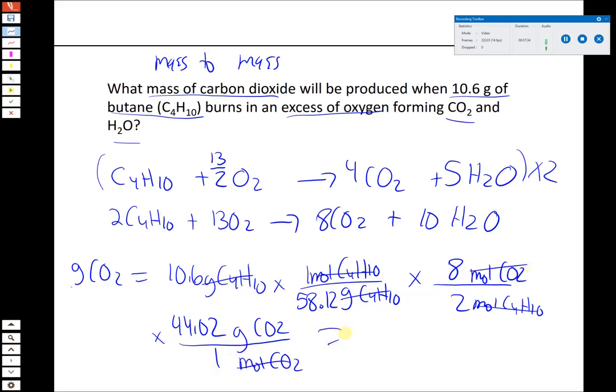And so when we work this out, let's see what we get. What I got was, seems big, 32.1 grams of CO2. Let me double check that number because it seems bigger than it should be, but maybe it's fine.